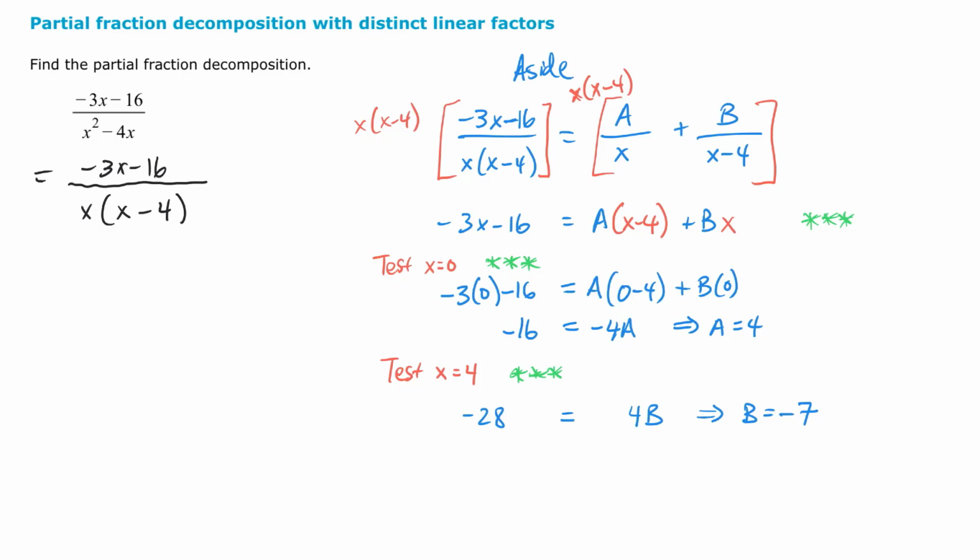Now you go back to your expression. What are you trying to do? You're trying to break up your original fraction. Your original fraction is now broken up into 4 over x plus negative 7 over x minus 4.